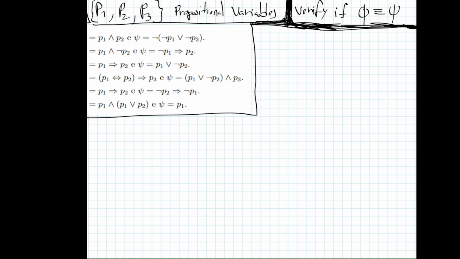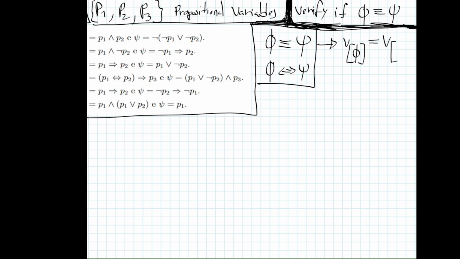I'm going to presume that the equivalence of phi, which is notated here in propositional notation with the shorthand from mathematical arithmetic, which is the confusing part, is the same as saying that the valoration of phi is the same as the valoration of psi.